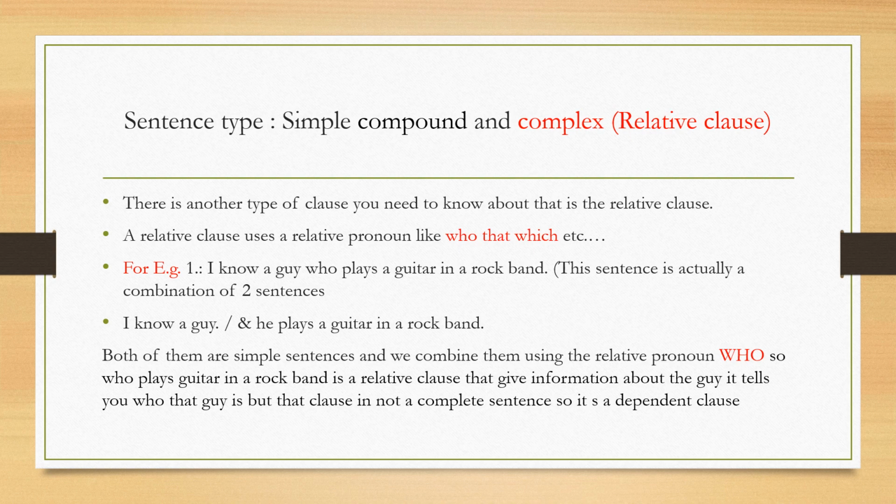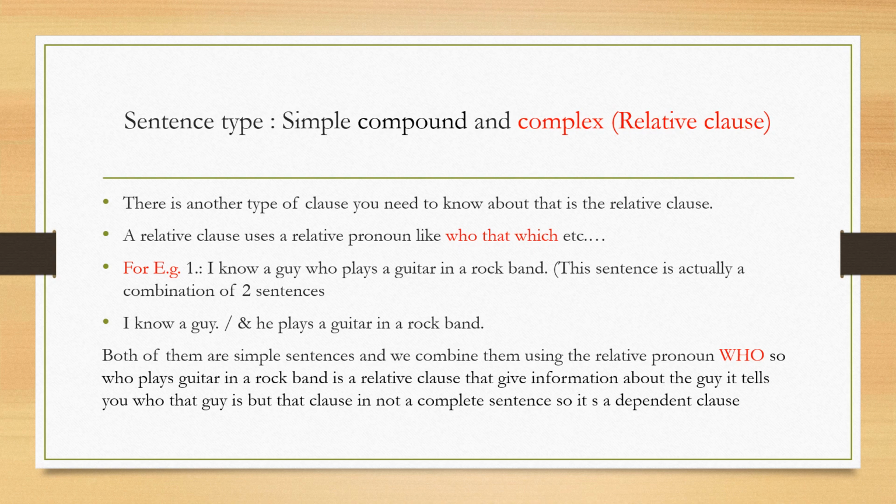We can combine them using a relative pronoun who: I know a guy who plays guitar in a rock band. Who is a relative pronoun. Two independent sentences have been given: I know a guy and he plays a guitar in a rock band.